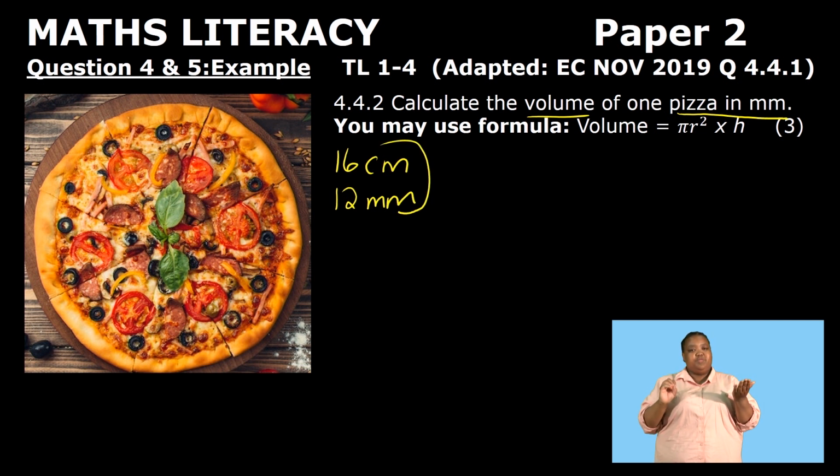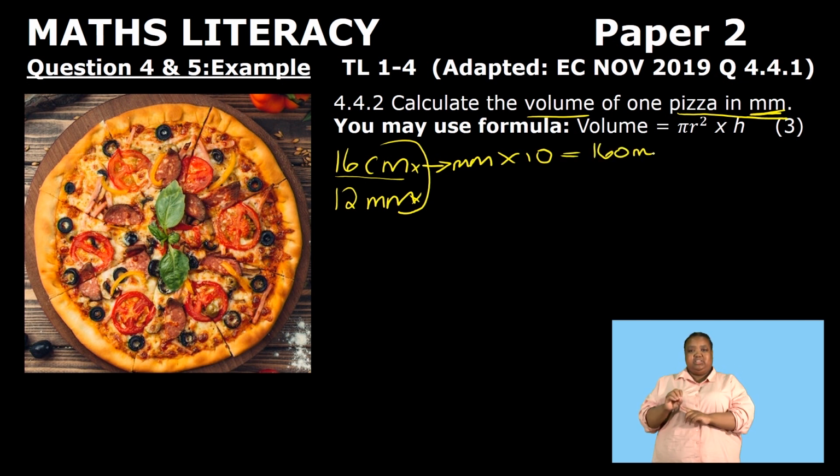Now we cannot work with two different units, so you'll have to convert, because the question wants us to determine this volume in millimeters. So it simply means we are going to convert centimeters to millimeters. How do we do that? We are going to multiply by 10. So 16 multiplied by 10 gives us 160 millimeters. So now both our units are the same.